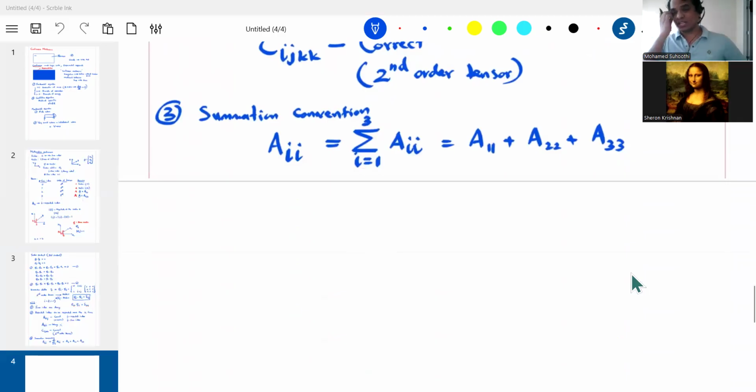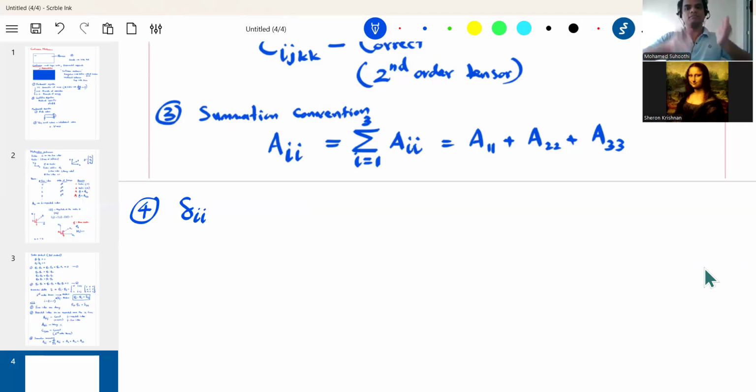Since we already discussed the Kronecker delta, let me connect this Kronecker delta with summation conventions. That is the fourth point which I am going to discuss here. Let's say it is delta ii. I told you if any index repeats more than once, there is a summation convention, so you have to think of the summation convention.